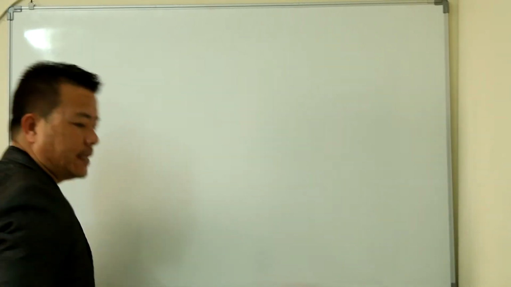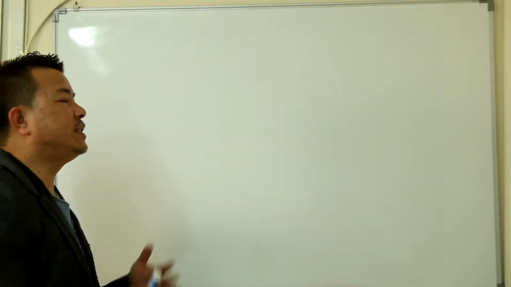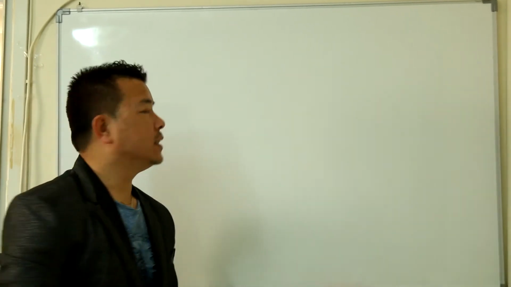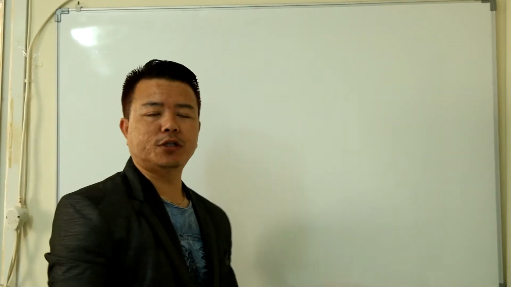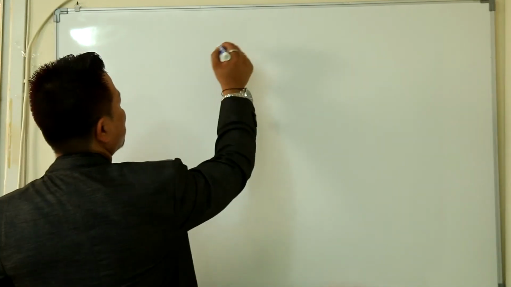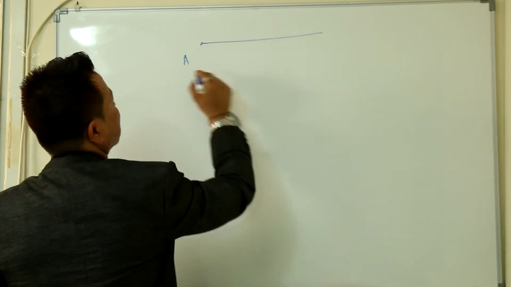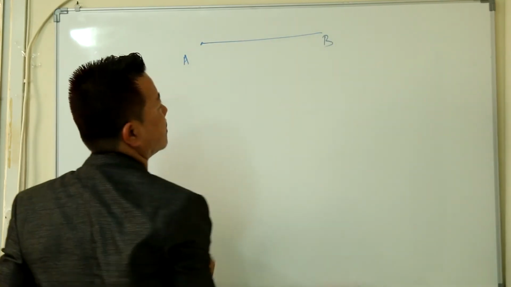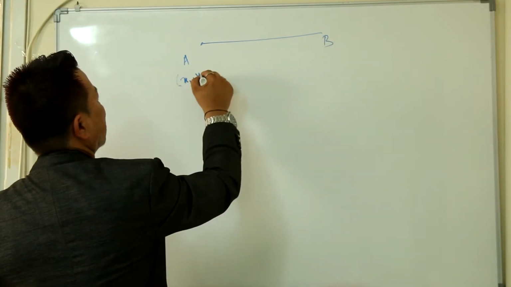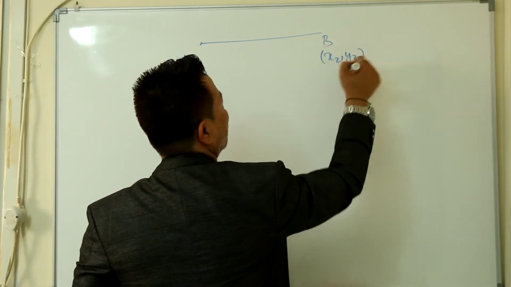What is section formula? Section formula is a formula to determine the points which divide a line segment into two segments, into two portions in a given ratio. For example, this point A and B is a two line segment with coordinates x1 comma y1 and x2 comma y2.